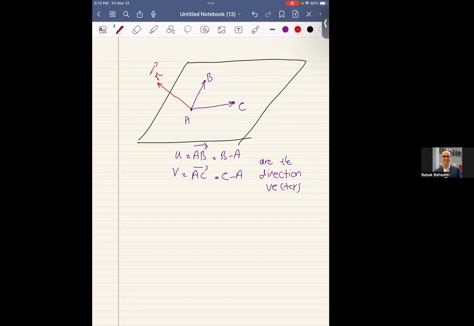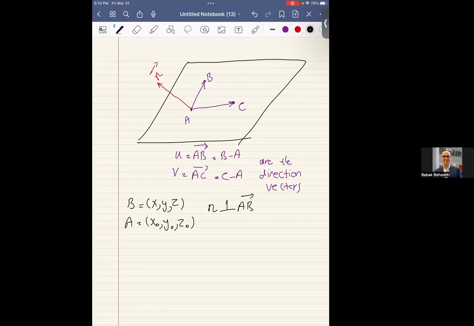So what does that mean? That means that if you take any 2 points, say, imagine that B equal to X, Y, Z, and A equal to X0, Y0, Z0, then N is perpendicular to AB, to the vector AB.